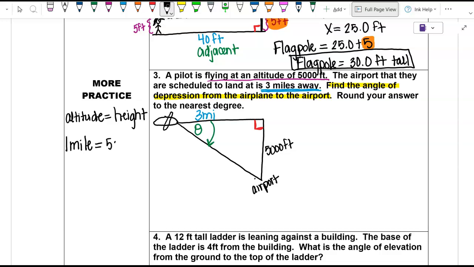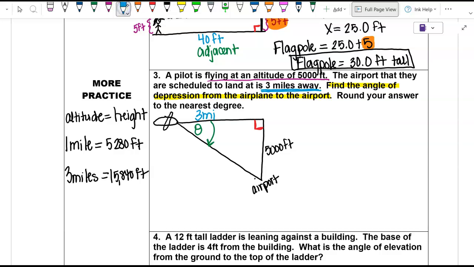It's 5,280 feet in each mile. So I need to convert 3 miles, which means I need to multiply that 5,280 times 3. So how many feet does that give me? 15,840 feet.